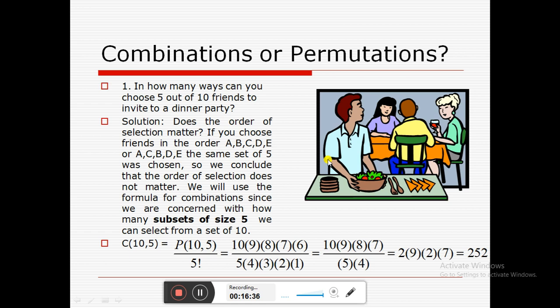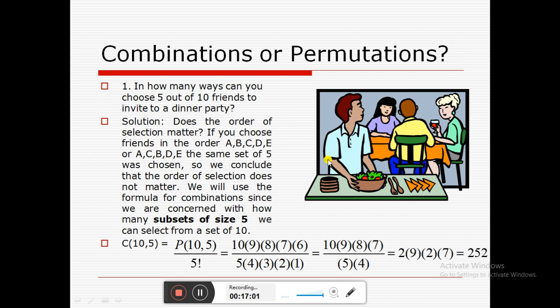Does the order of selection matter here? If you choose the friends in the order A, B, C, D, E, or A, C, B, D, E, the same set of five was chosen. So we conclude that the order of selection does not matter.